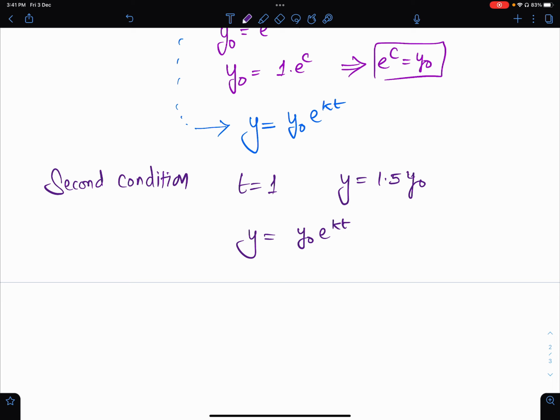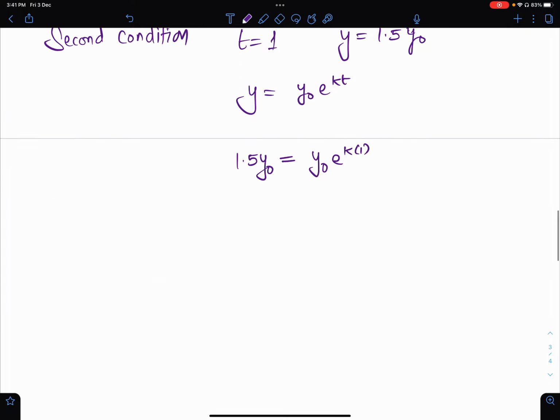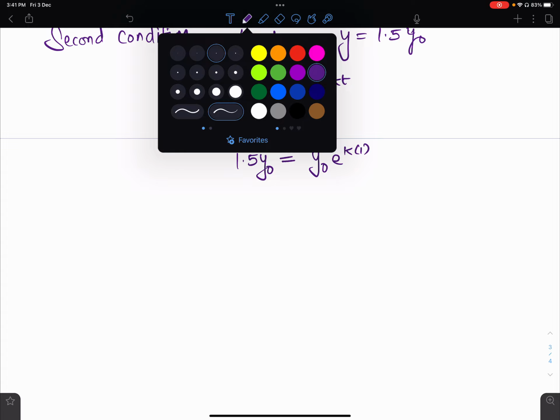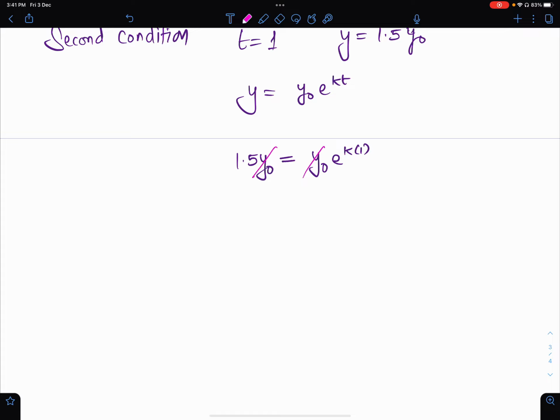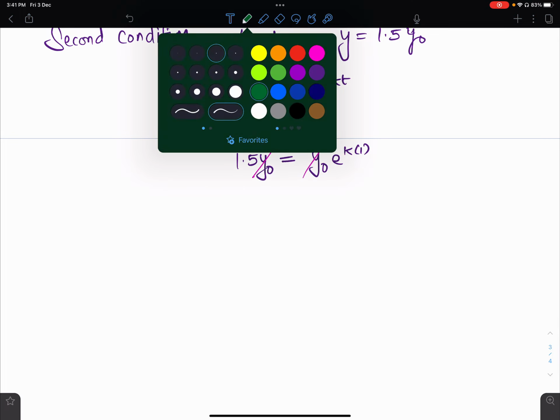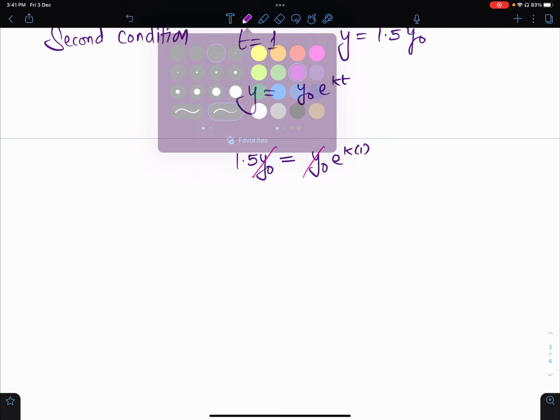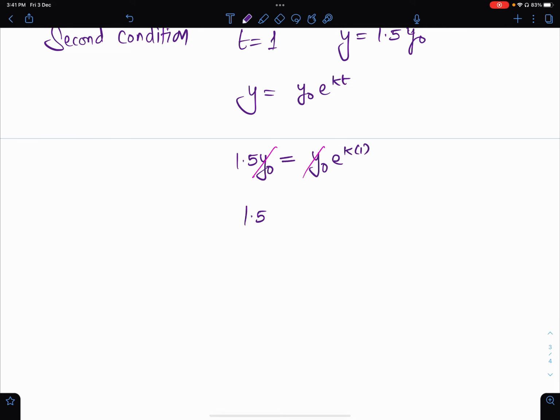Update: 1.5 y naught is equal to y naught e power k times 1. That is the condition. Here you can cancel y naught on both sides. So 1.5 is equal to e power k.